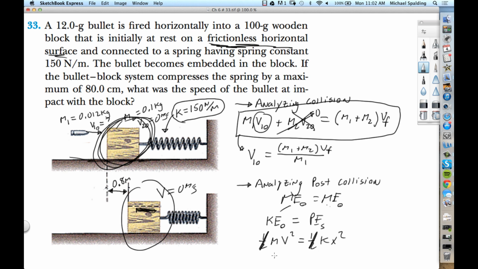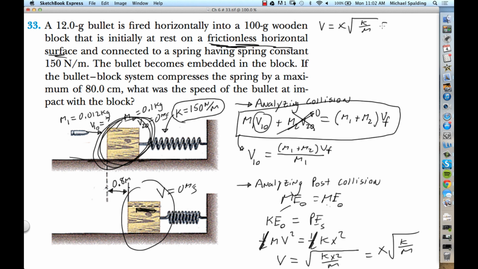The 1/2s drop out, so v is going to be equal to the square root of kx squared over m, so you pull the x out: velocity equals x times the square root of k over m. So x is 0.8, k is 150.